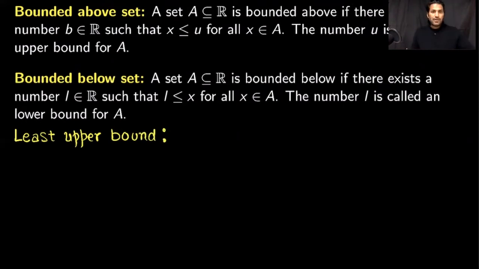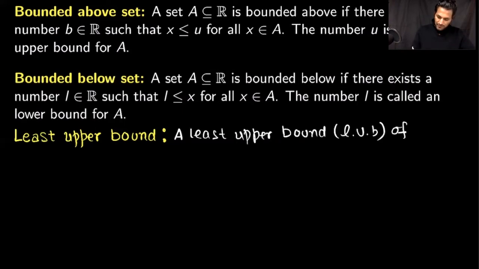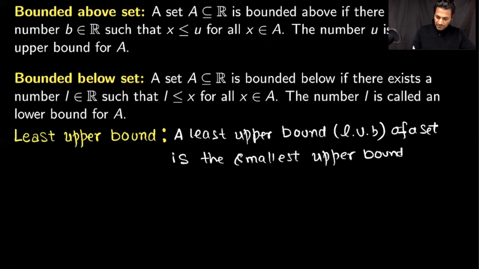If I have to write this definition in simple wording, I can write it as: a least upper bound of a set is the smallest upper bound of the set.